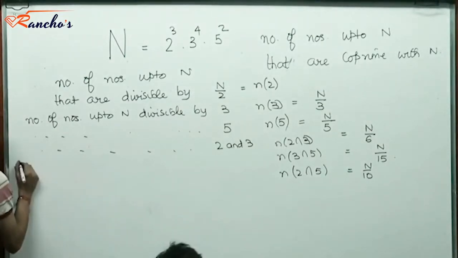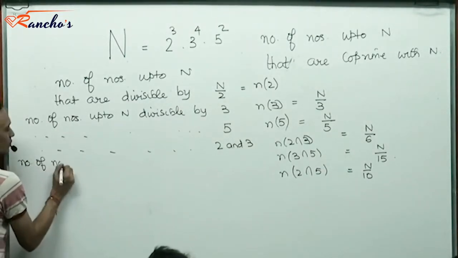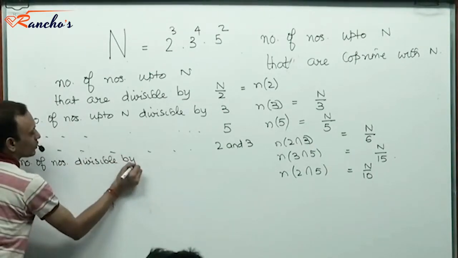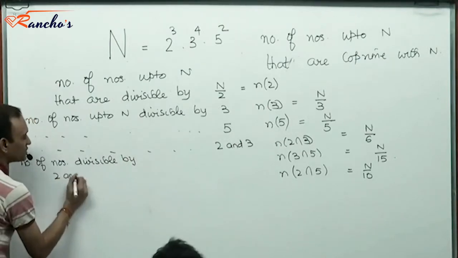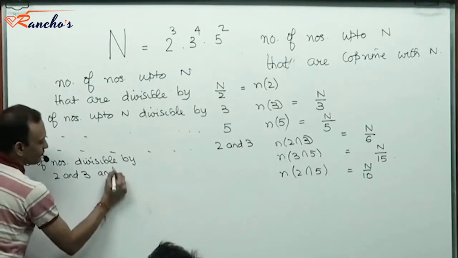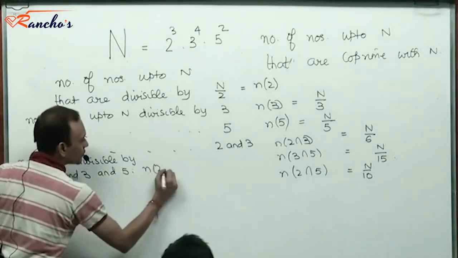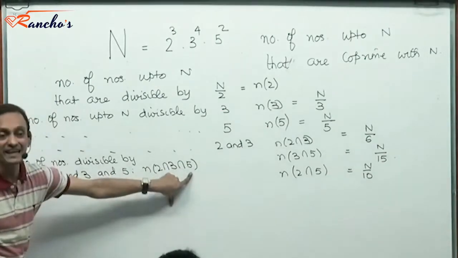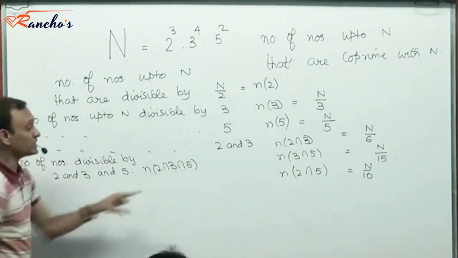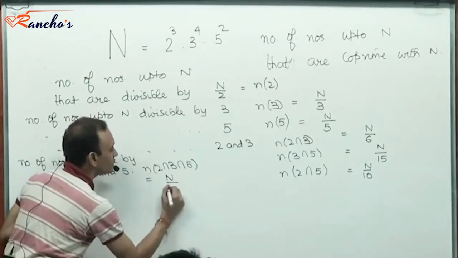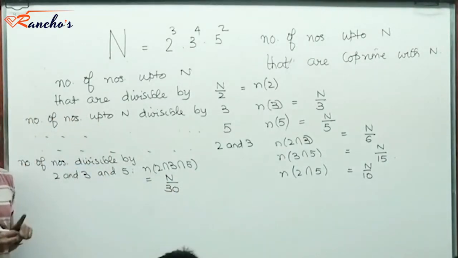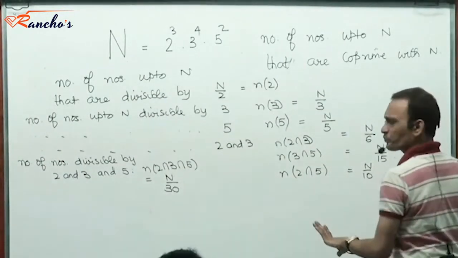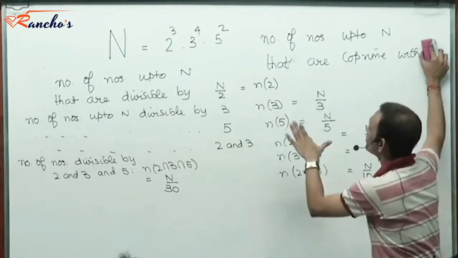Number of numbers divisible by 2 and 3 and 5, that means those that are divisible by 30, is going to be n by 30. Yes or no? Okay. Now, so far so good, right? Can I just remove the clutter from here?